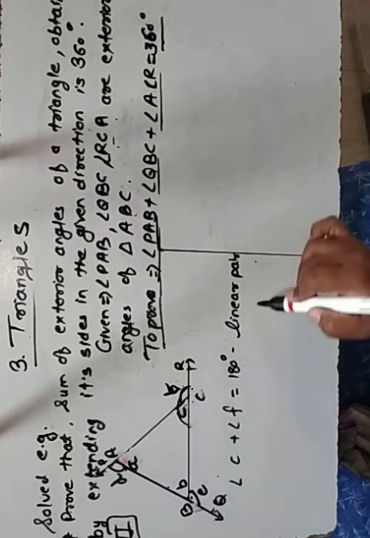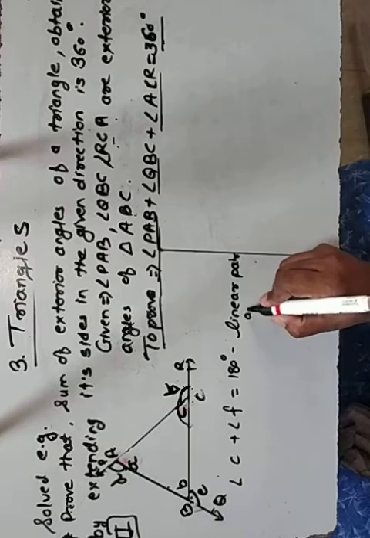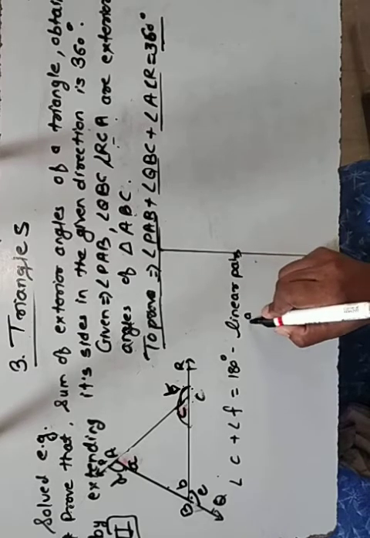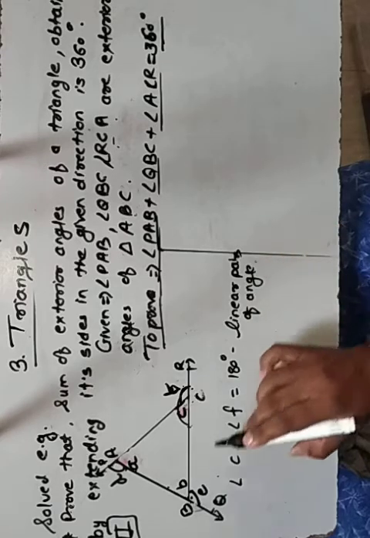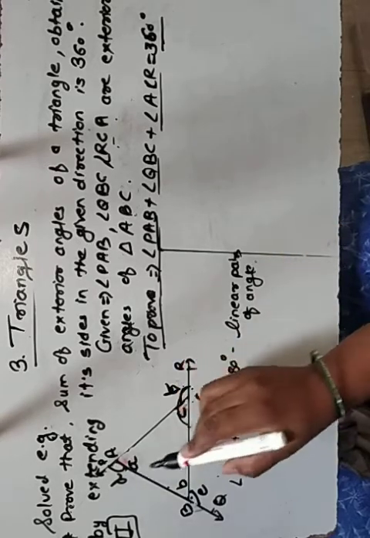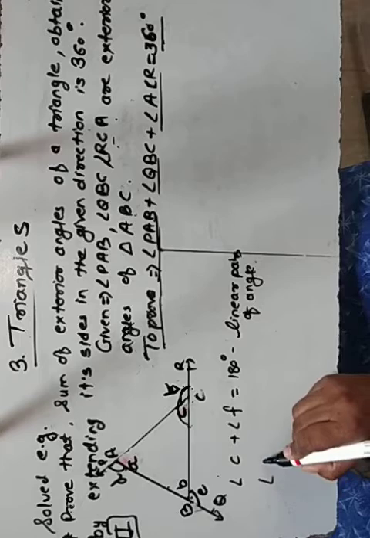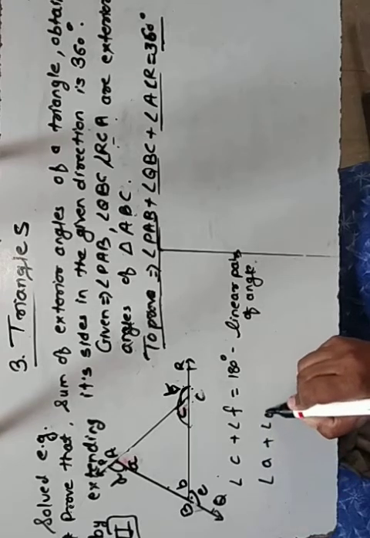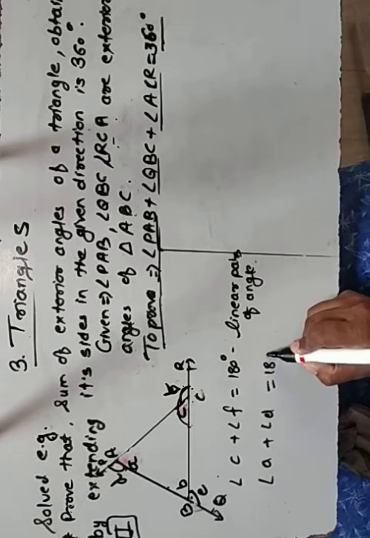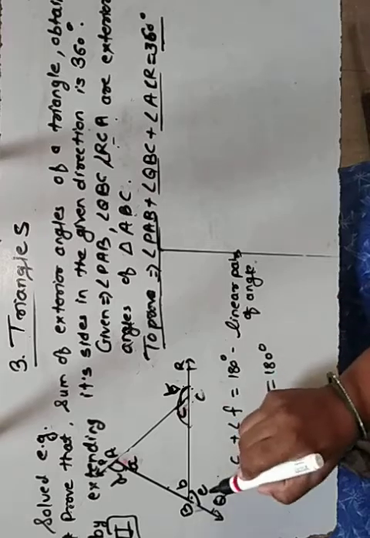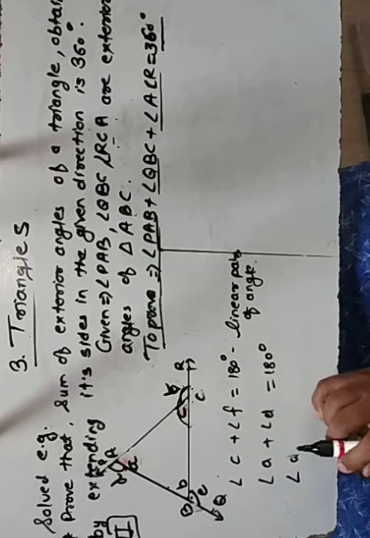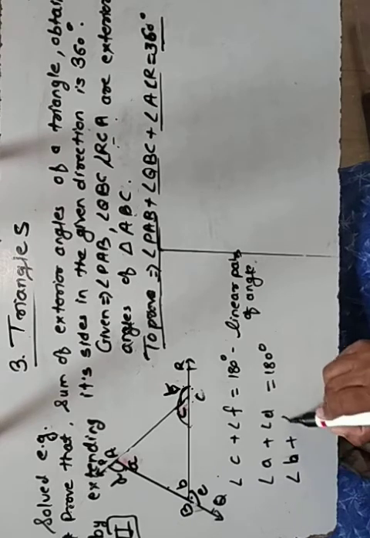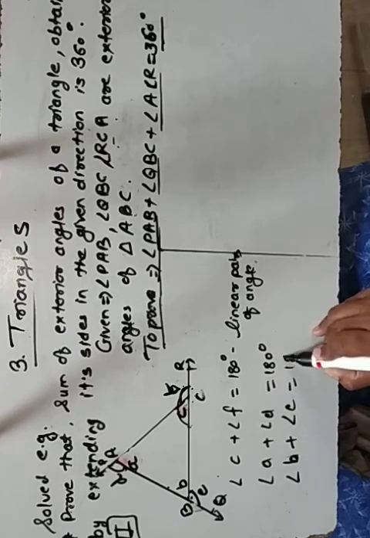So F plus C is a linear pair. In the same way, A plus D, these two are also a linear pair. Angle A plus angle D is equal to 180 degrees. Third, B and E are also a linear pair. So angle B plus angle E is also equal to 180.